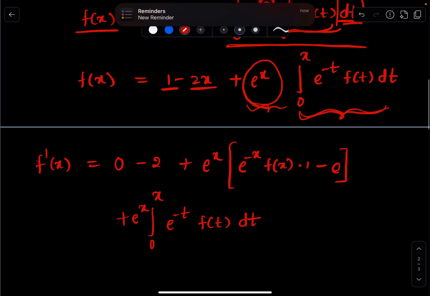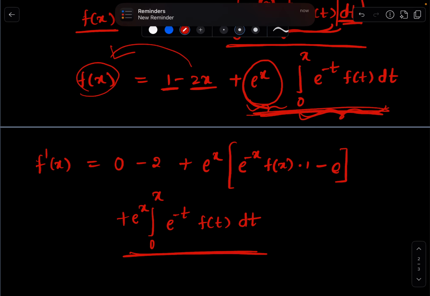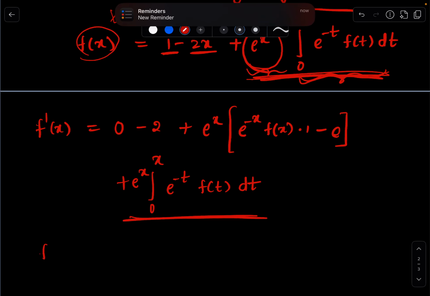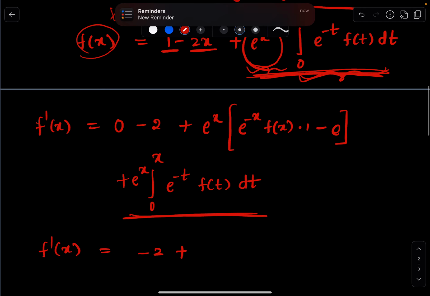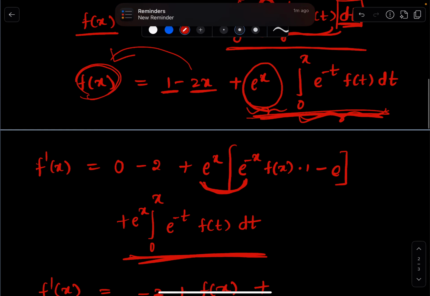Now what we can do, this e to the power x multiplied by this whole integral can be replaced with f of x minus 1 plus 2x. So your f dash of x is minus 2 plus here e to the power x into e to the power minus x will be 1. So this is simply f of x plus this thing can be replaced with f of x minus 1 plus 2x.